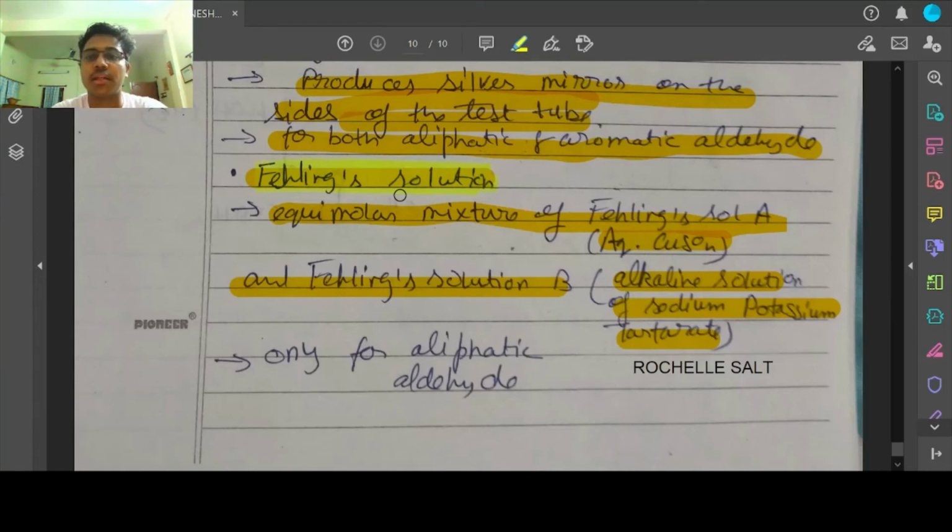Fehling solution A is aqueous copper sulfate, aqueous CuSO4, and Fehling solution B is an alkaline solution of sodium potassium tartarate, or Rochelle salt.